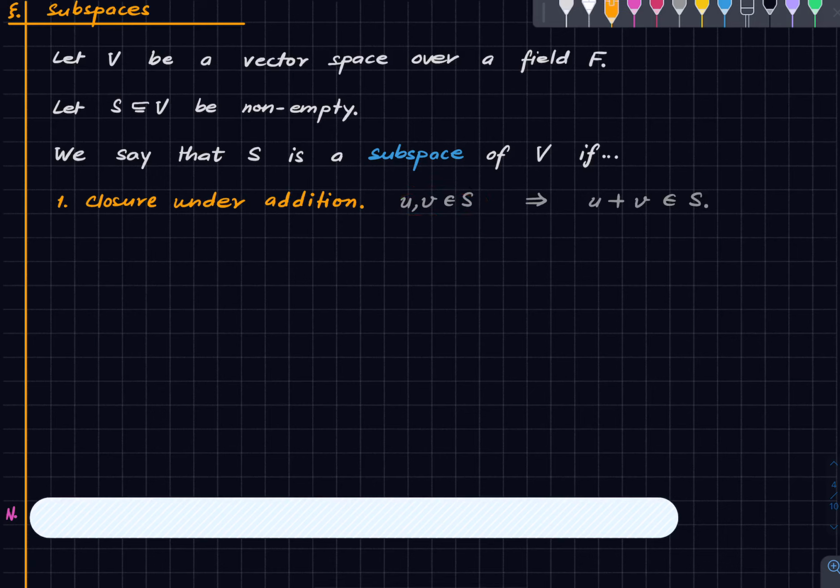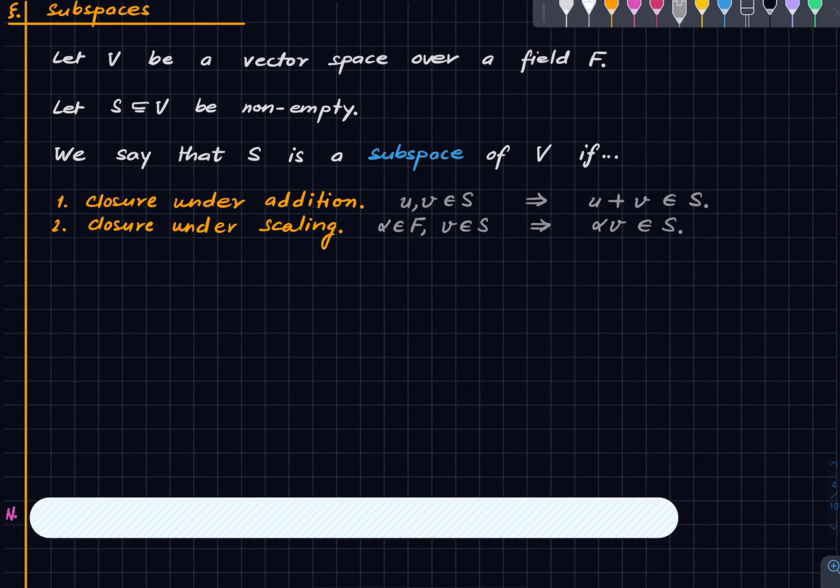And then similarly we have closure under scaling. This reads: whenever you pick alpha in the base field and you pick anything in S, you find that the scaled version is also in S.